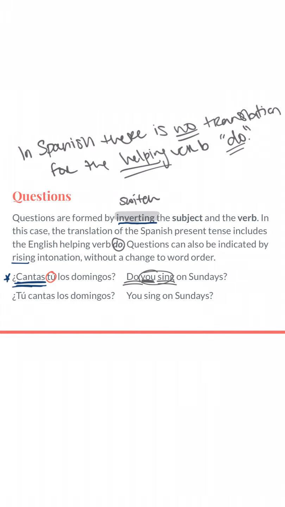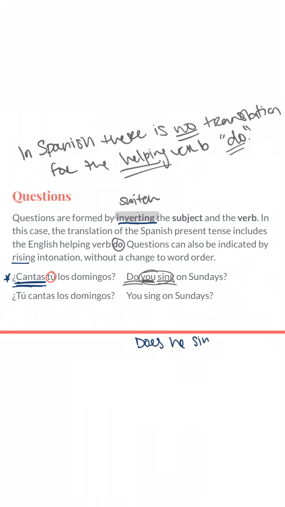So let's do one of our own. If we were to use the same verb cantar, we're getting pretty familiar with it, let's ask, does he sing well? So this is my question.